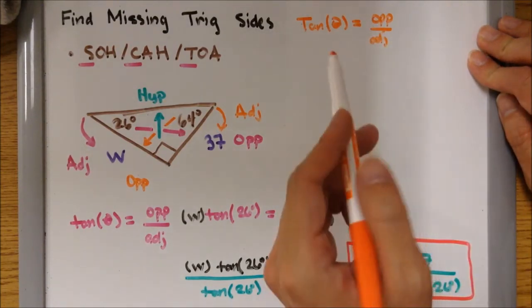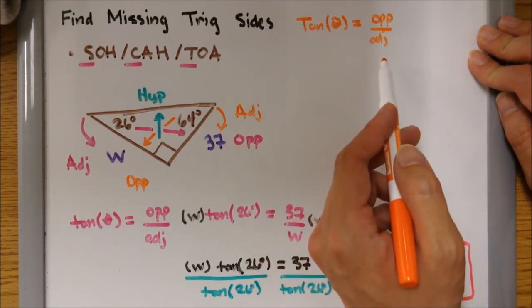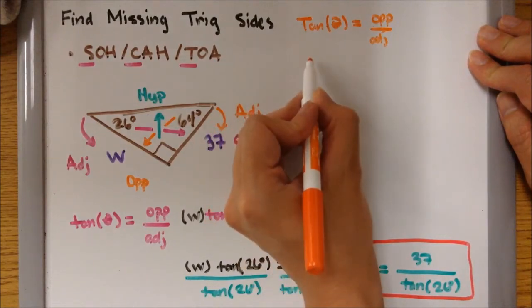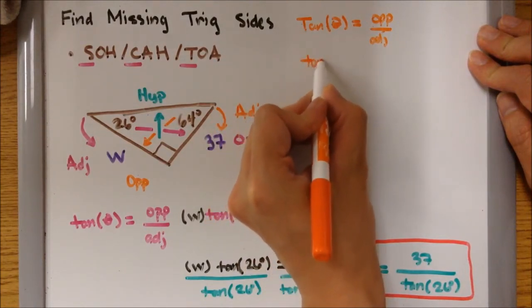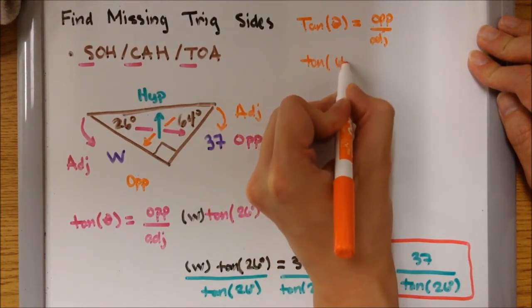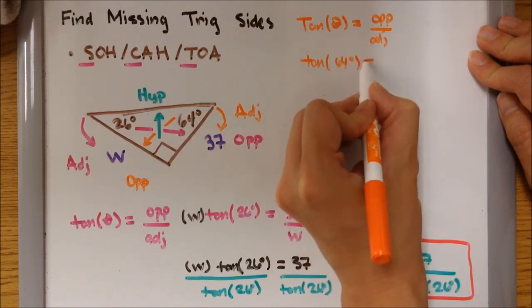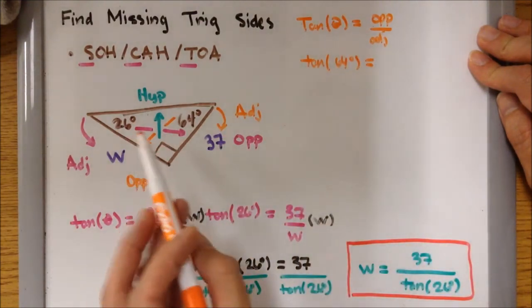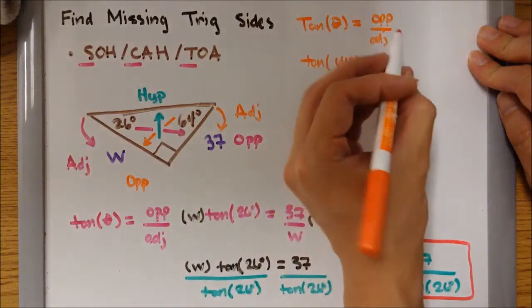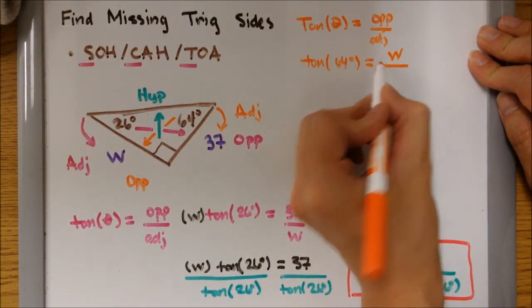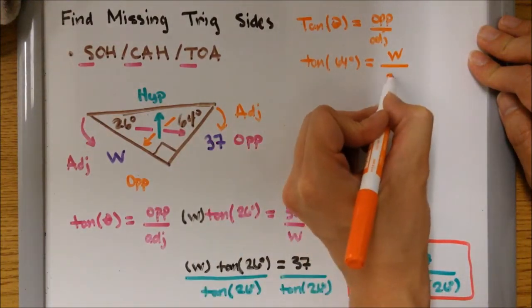I'm just going to plug in for theta, plug in for opposite, plug in for adjacent. So it's going to be tangent of 64 degrees equal to my opposite, which is W, over my adjacent, which is 37.